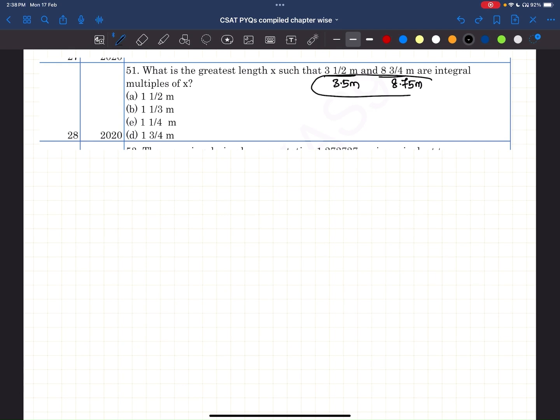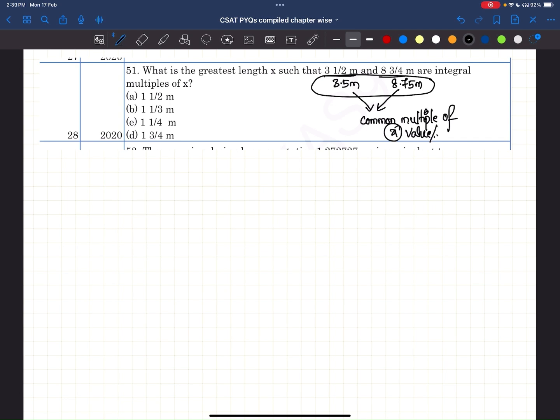These values should be integral multiples of x. Means these two are common multiples of some x value.